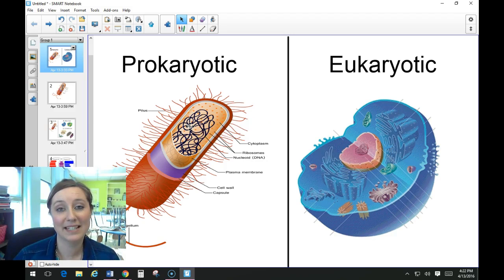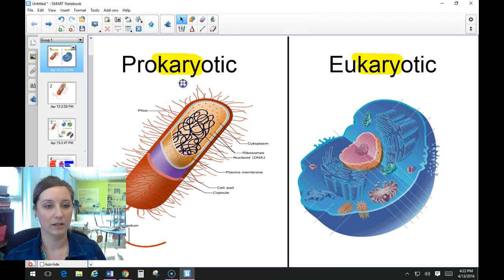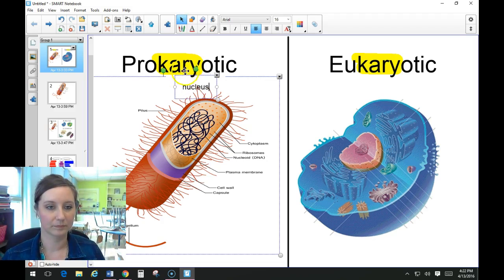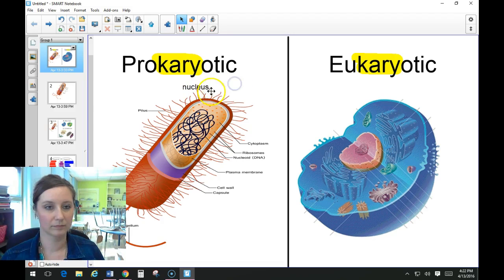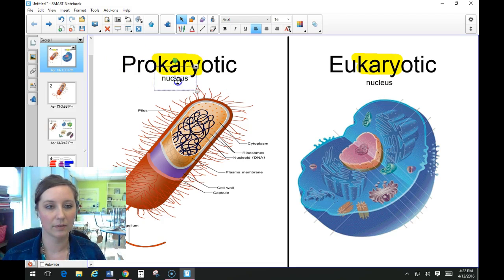The first big difference, actually, we can figure out by looking at the meaning of the words prokaryotic and eukaryotic. You'll see that both words have kary in them, or kernel, which also stands for nucleus. So we have nucleus over here and nucleus over here.